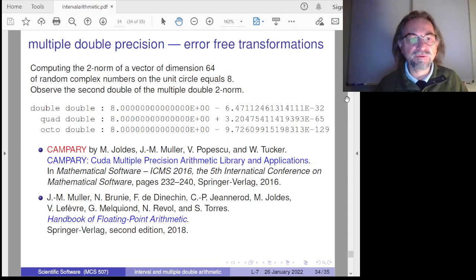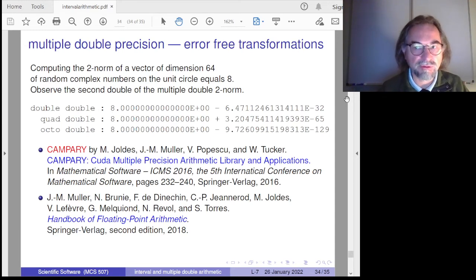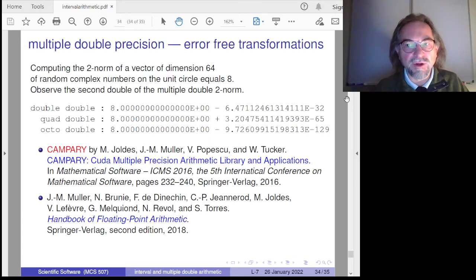Now, what happens when you do this in double-double arithmetic? The point is that 8 can be represented exactly with 64-bit floating point arithmetic, and it's overkill to use 52 bits in the fraction part. But the second part in your double-double also gets quite small, so it is an indication of the precision.